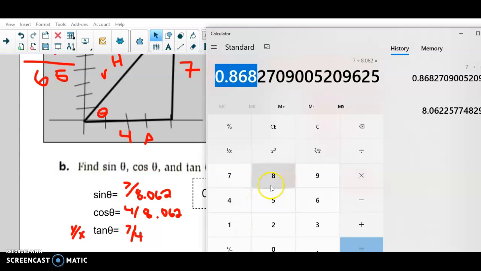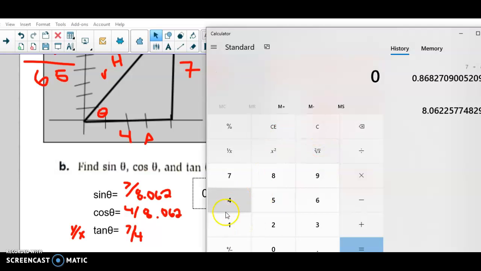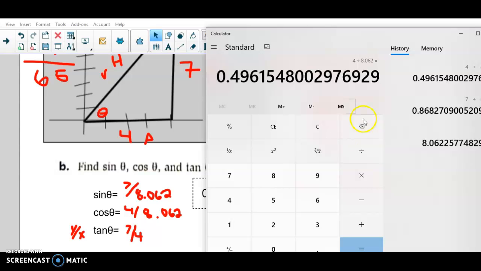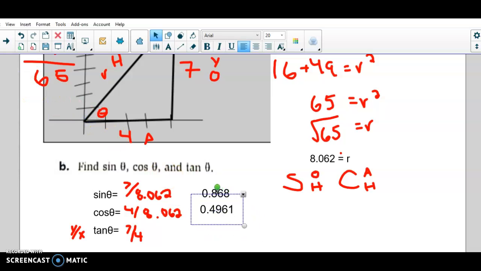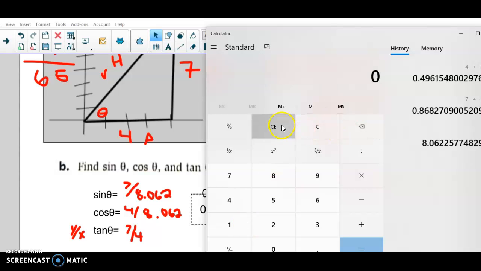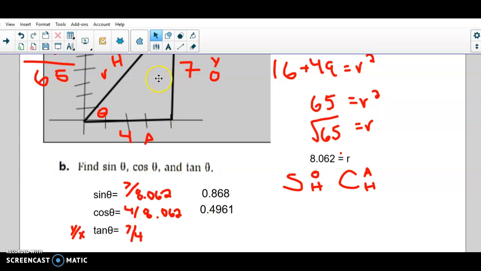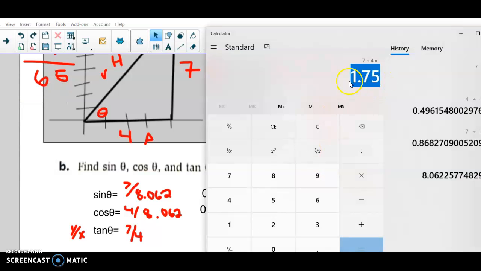Let's clear it out. 4 divided by 8.062 gives 0.4961, and then our tangent would be 7 divided by 4, 1.75. Let's type that in. Nope, undo that. Not what I wanted.